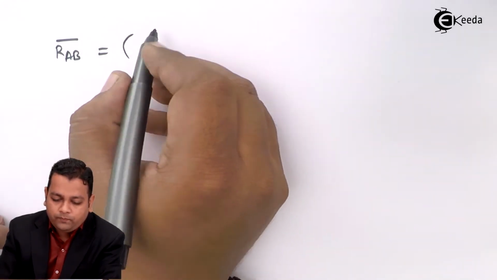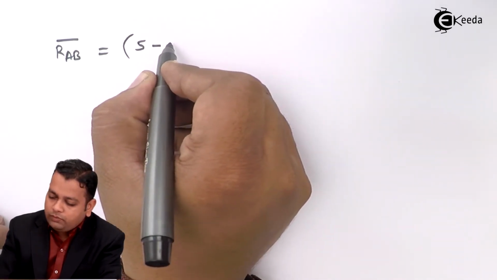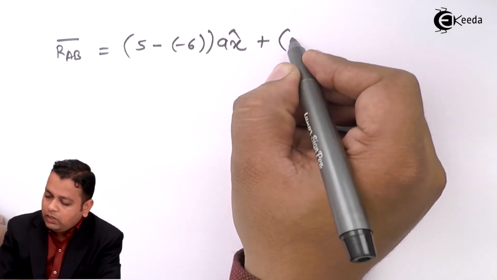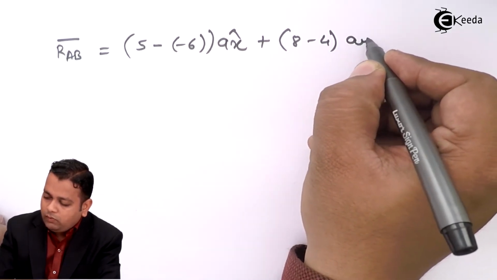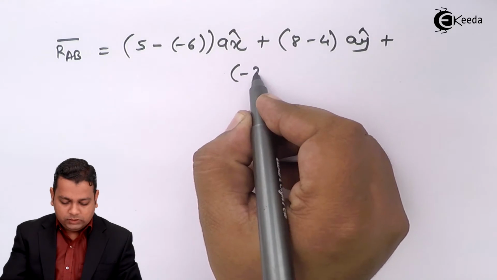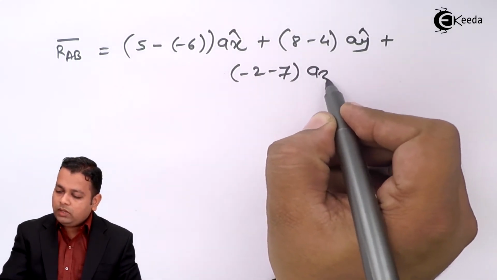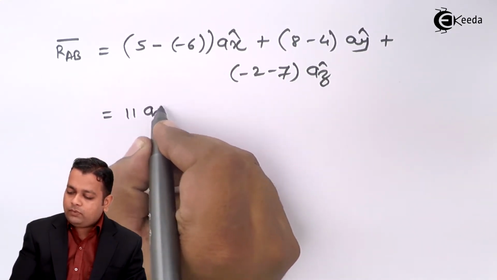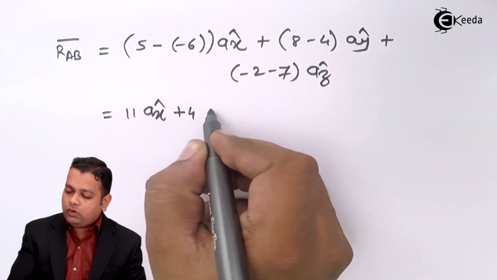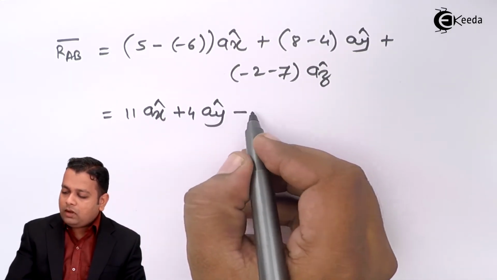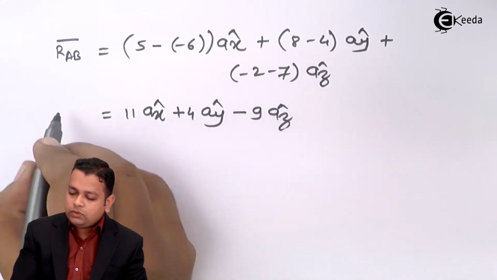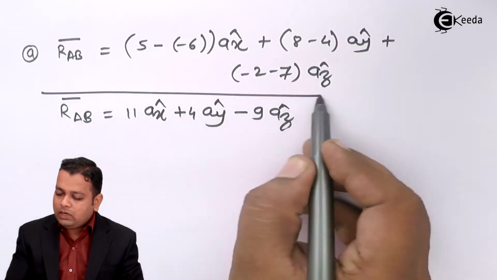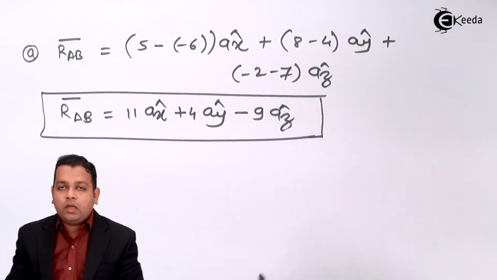So here we have 5 minus of minus 6 ax cap plus 8 minus 4 ay cap plus minus 2 minus 7 az cap. Finally we get 5 plus 6 is equal to 11 ax cap, 8 minus 4 is 4 ay cap, and minus 9 az cap. So this is the required answer for part A, which is 11 ax cap plus 4 ay cap minus 9 az cap.